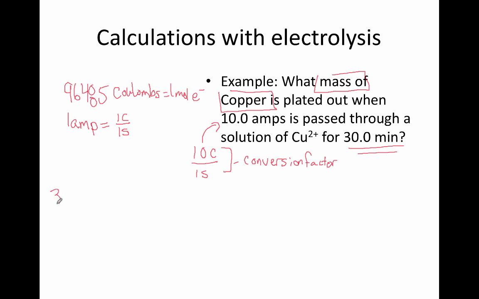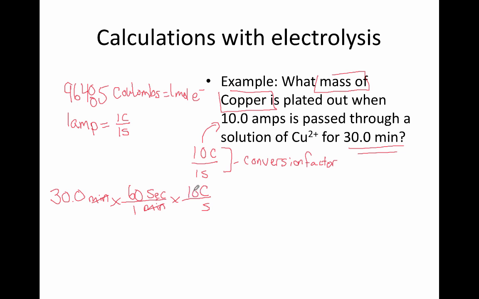So we're going to take 30 minutes, and we're going to convert minutes to seconds. So minutes on bottom to let it divide out. And in 1 minute, there are 60 seconds. Minutes now cancels out, and now we're in seconds. And because we have our amps, we can go from seconds to coulombs.